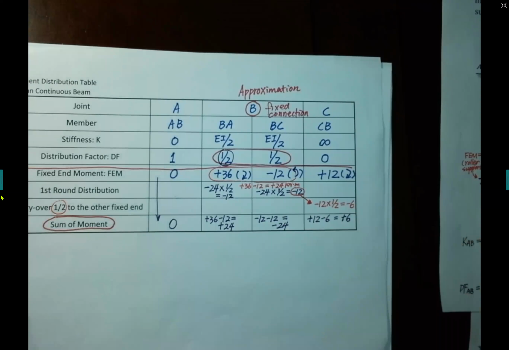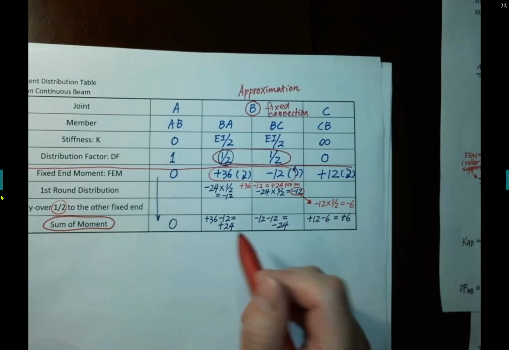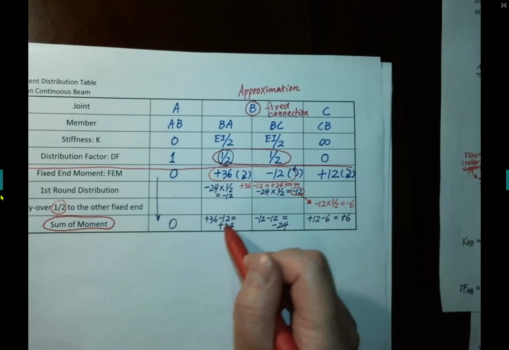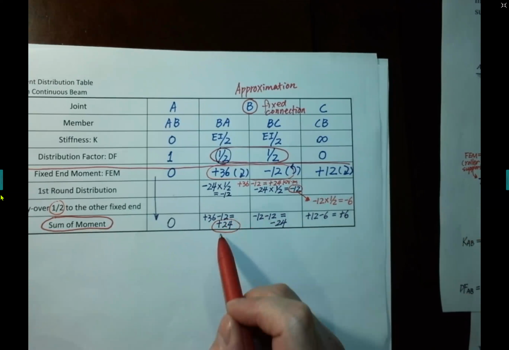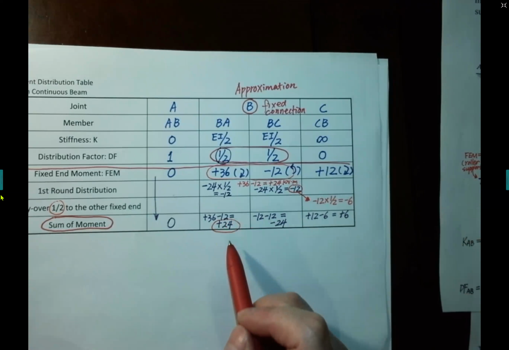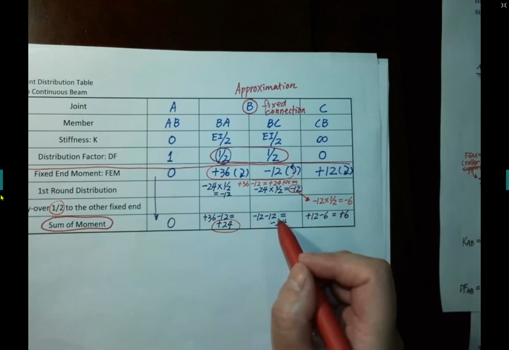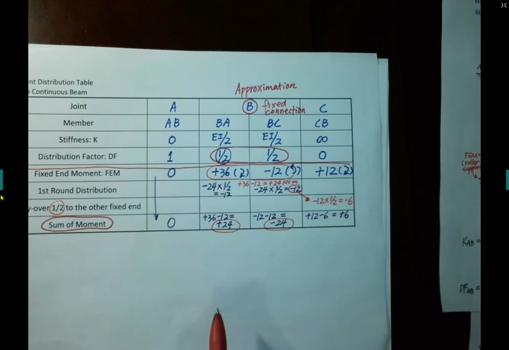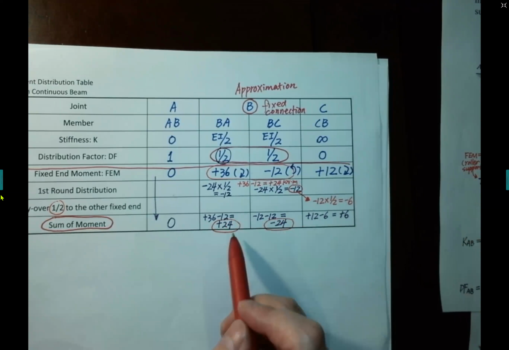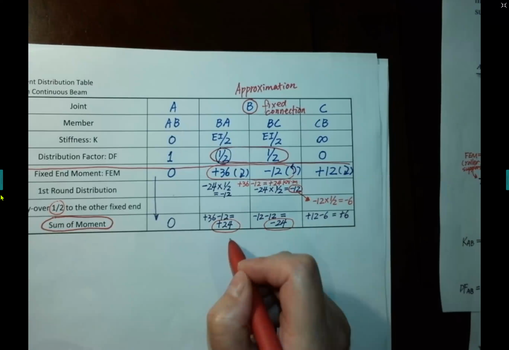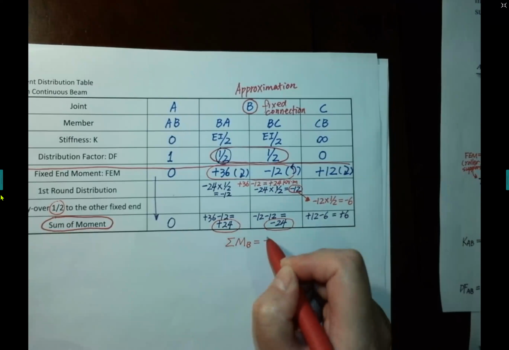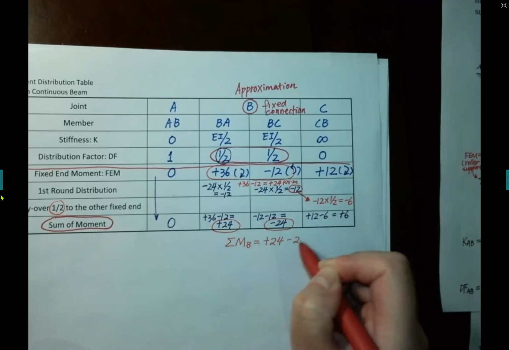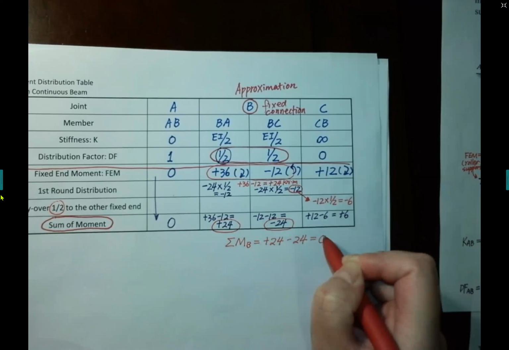After that, we take a look at the moment at B, the joint. On the BA side, we have +24, which means clockwise. On the BC side, -24, which means counterclockwise. If we sum these two moments, the sum of the moment at B equals +24 minus 24, equals 0.